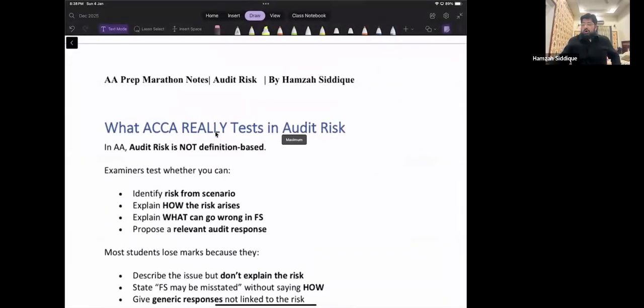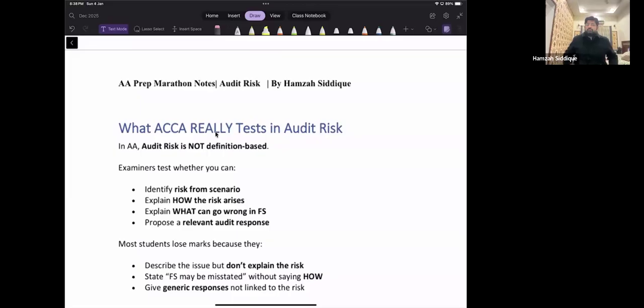So, students, audit risk. What is tested in audit risk in the audit and assurance exam?